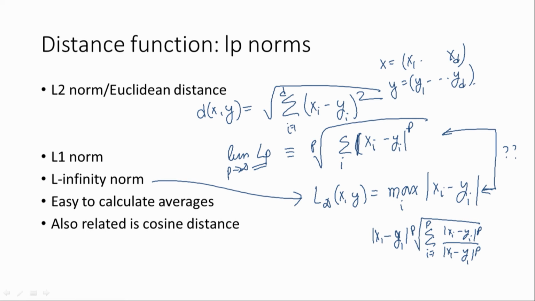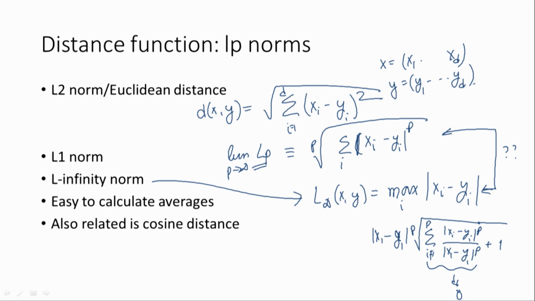So if I let p tend to infinity, it's not very hard to show that this part would go to 0, plus there would be 1, because the maximum term would be there. So this part goes to 0 and 1 is left, so it comes out to be the maximum gap. So it's all very logical, okay?